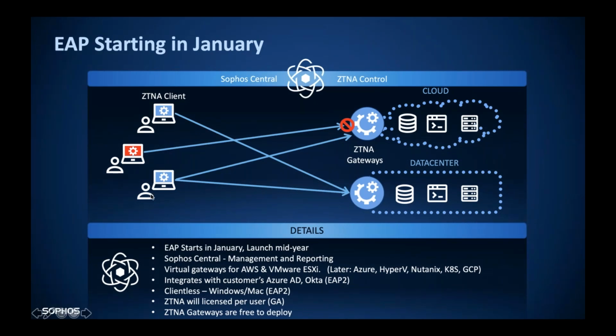So very simple licensing, similar to Endpoint, deployed the similar way to Endpoint. It should be a natural and easy sales motion for all of our customers to get on board with ZTNA and hopefully solve some of their pains around this new networked environment that we're all working in these days.